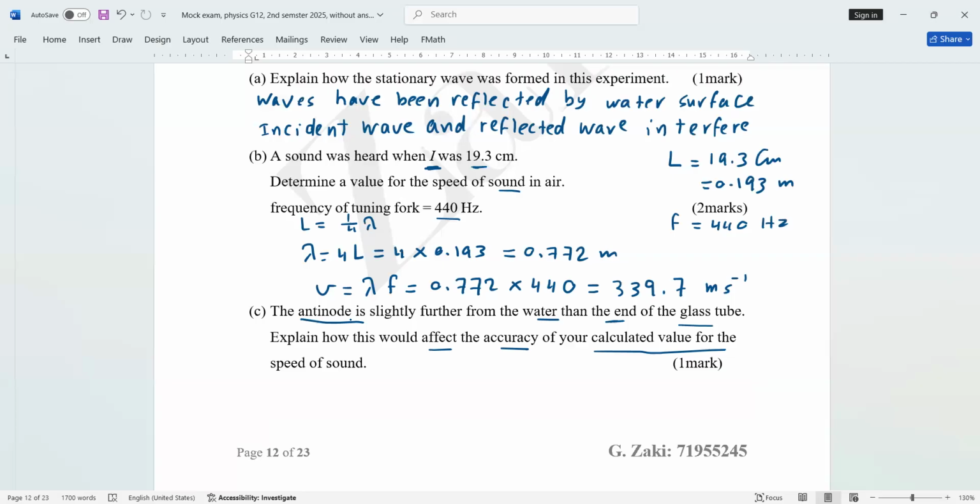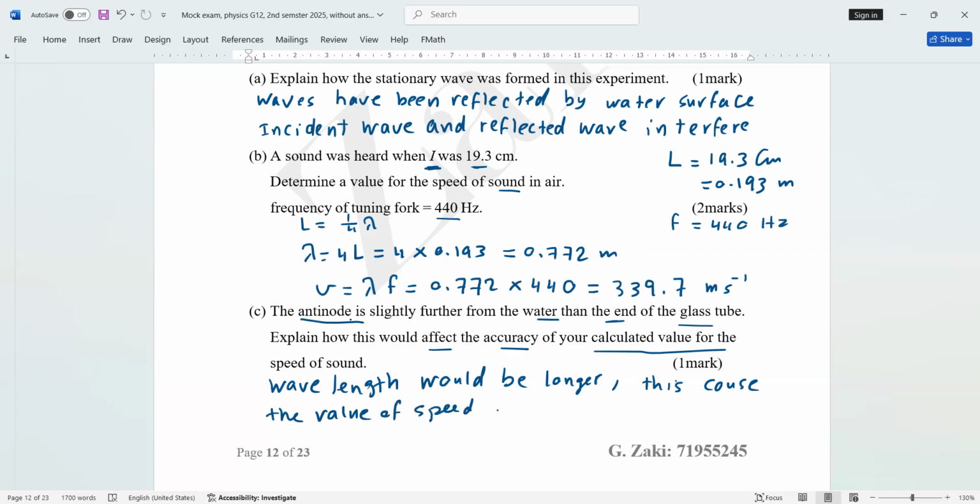Again, wavelength would be longer. This causes the value of speed to be higher than the calculated value.